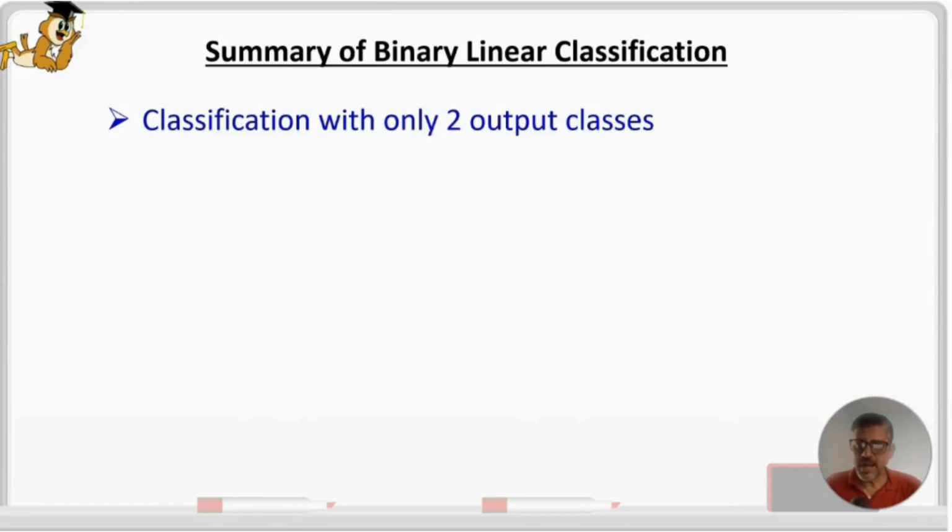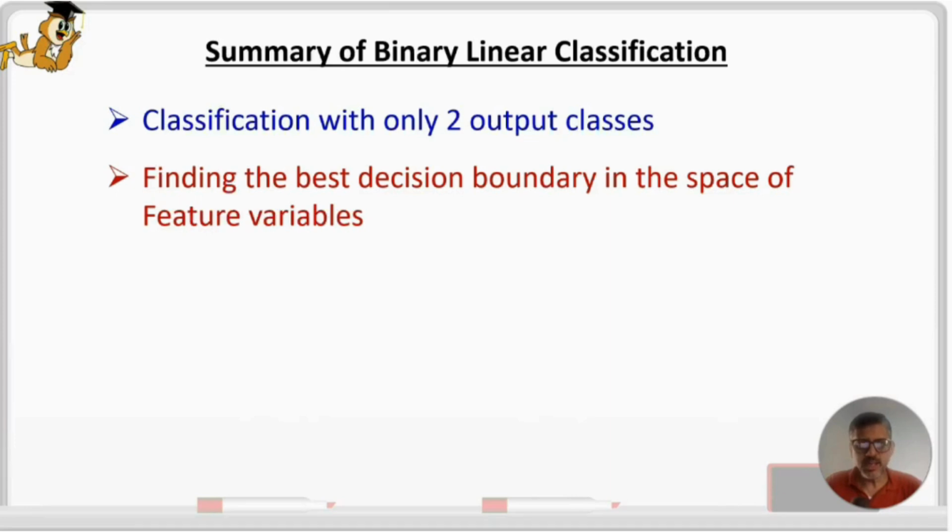A binary linear classification problem is a classification problem with only two output classes. It's a frequently appearing problem in real life. Invest or not invest, medically at risk or not at risk, go or no go. Many types of classification problems fall into the binary linear classification type.